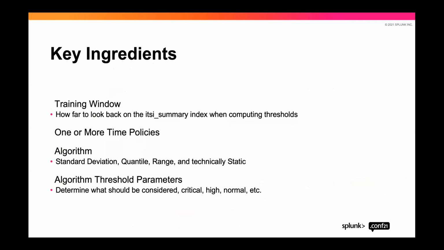Algorithms: you have to choose the correct algorithm for your KPI. And we'll get into that a little bit deeper later. Algorithm threshold parameters, okay? These determine what should be considered critical, high, and normal.